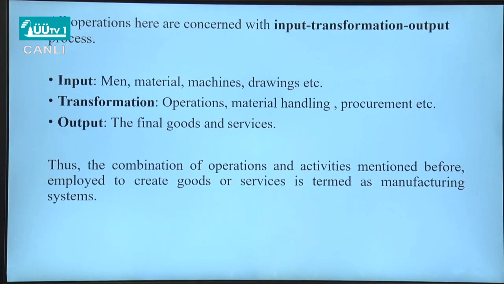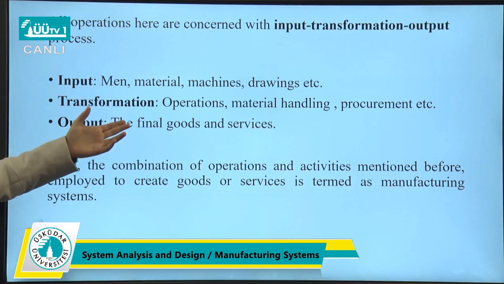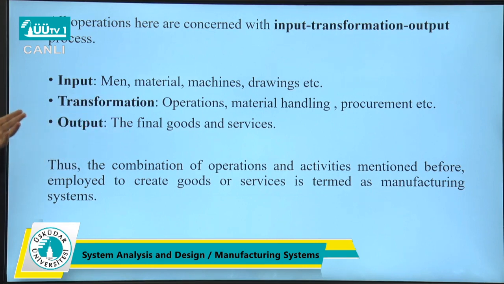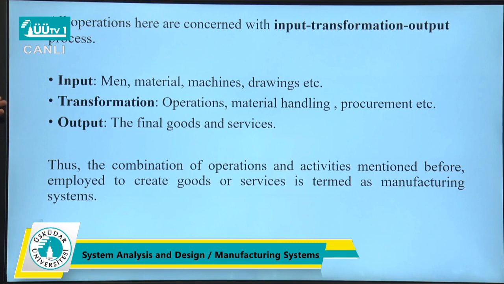So all operations in this manufacturing system are concerned with the input, transformation, and output process. Here we have the inputs, which we can say are man, material, machines, drawings, etc. These are the kinds of resources that we also define in operations management.